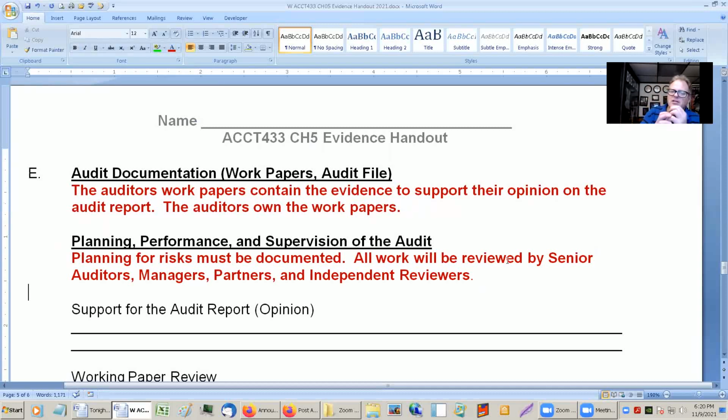And so they want to know that other stuff is done right, because if things go wrong, they get dragged into court. It's bad. So all work is reviewed by senior auditors, managers, partners, and independent reviewers can all review your work. And I think I mentioned before that all the work has to be repeatable with the same results, not the same judgment, but the same results.